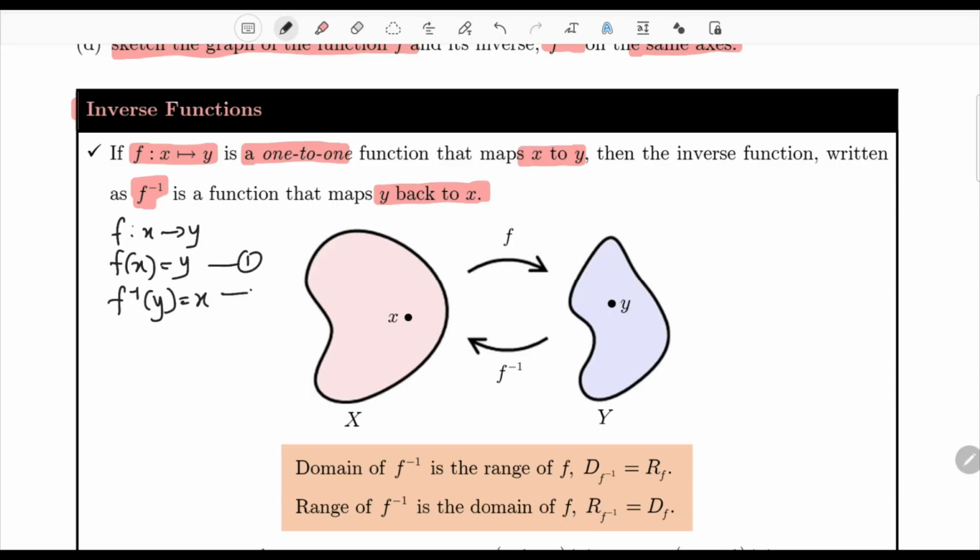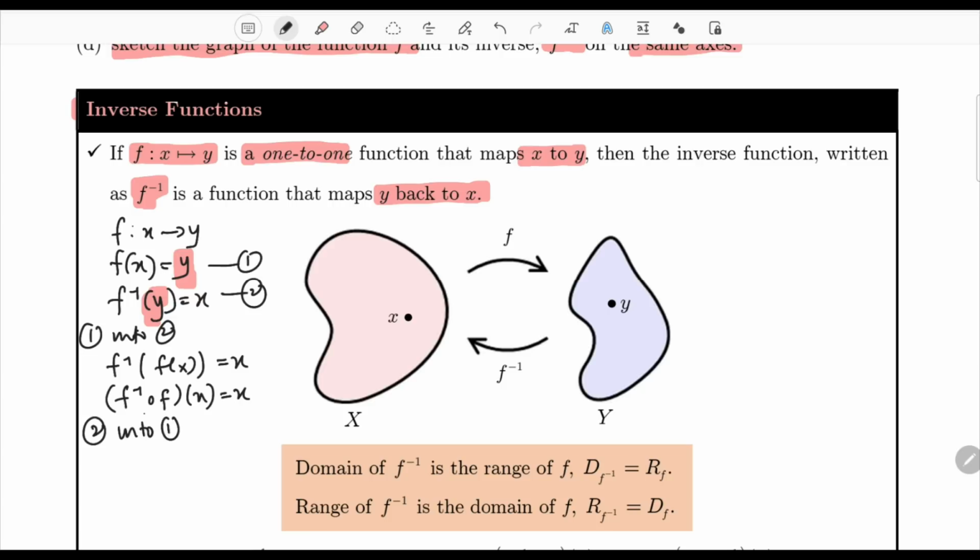Let this be number 1, this is number 2. If we substitute 1 into 2, instead of y we substitute f(x). So f inverse of f(x) equal to x. Similarly, if we substitute 2 into 1, we will have f of f inverse y equal to y.